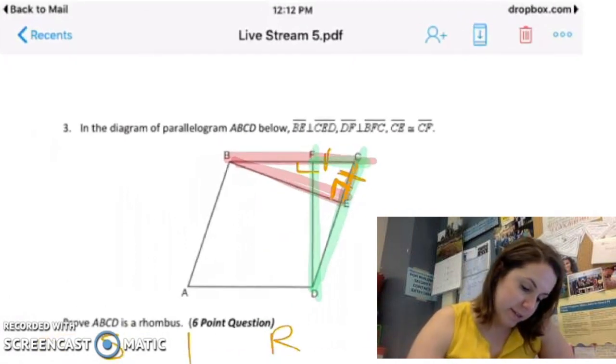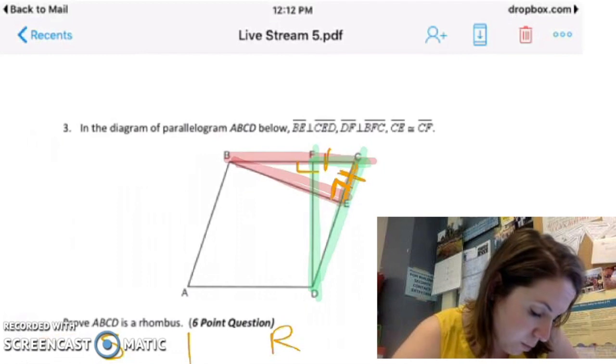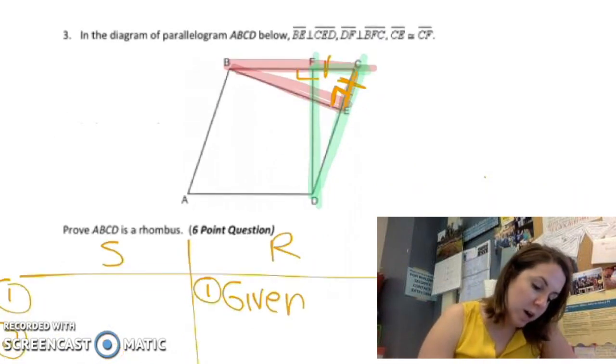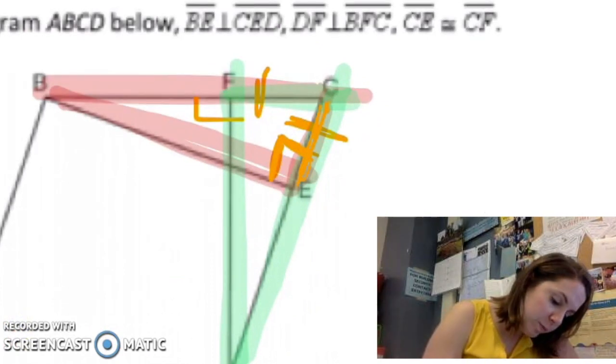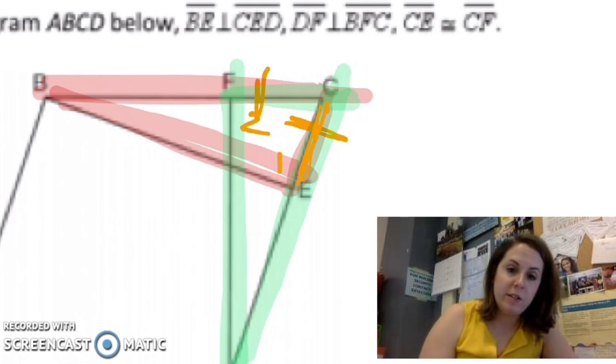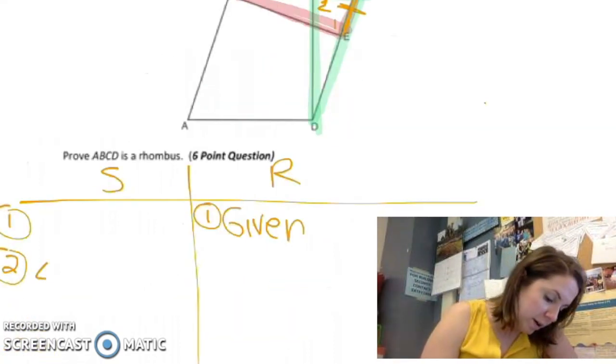And I'm going to have to think about what else I can get there. So, okay, right angles. I'm going to erase these marks that I drew in. I'm going to call this angle 1 and that angle 2, because those would both be right angles. So angle 1 and angle 2 are right angles.